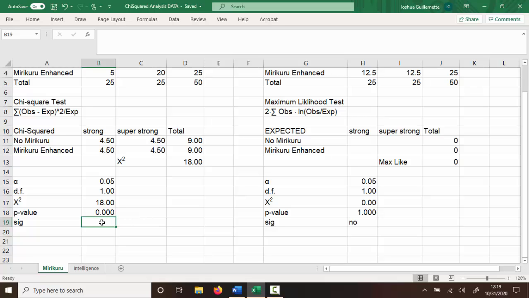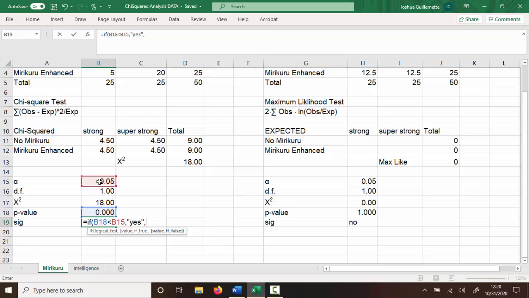All right. Now for significance. I'm going to throw this in here because I saw this done a couple of places and I really liked it. I'd like to use an if statement. And the logical test is if your p-value is actually less than your alpha, then you have significance. Yes, I have significance.